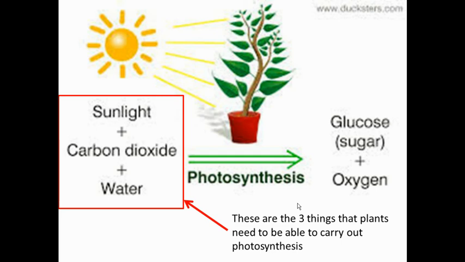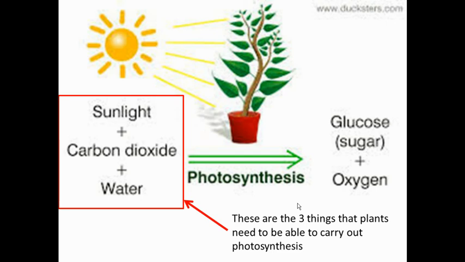There are three things the plants need in order to carry out this process. Sunlight, obviously, it's in the name, so the photo part of photosynthesis is for the sunlight. It needs carbon dioxide. And it needs water.